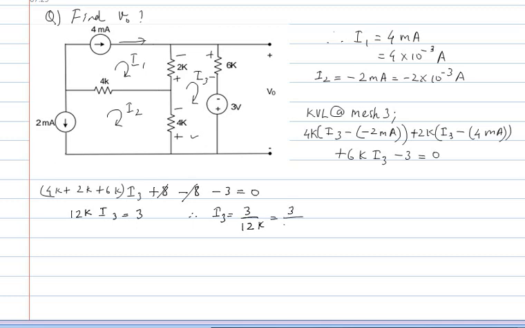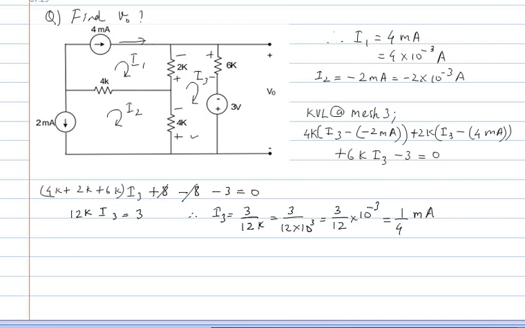So I will write it 3 divided by 12 into 10 raised to power 3. The 10 raised to power 3 we can take up, so this becomes 3 by 12 into 10 raised to power minus 3, and 3 by 12 is basically 1 by 4. 10 raised to power minus 3 is milli, and this is current, so 1 by 4 milliamps is going to be our I3.